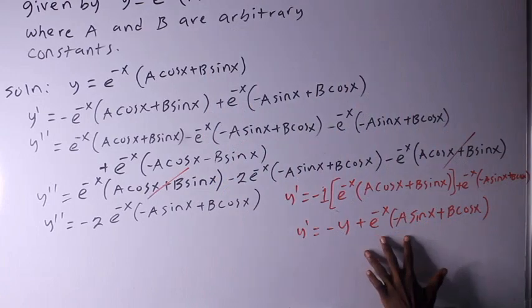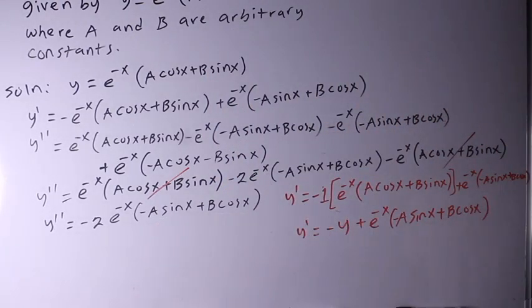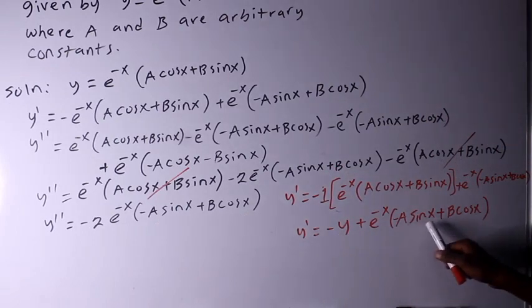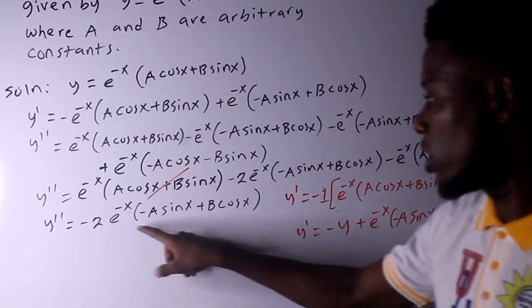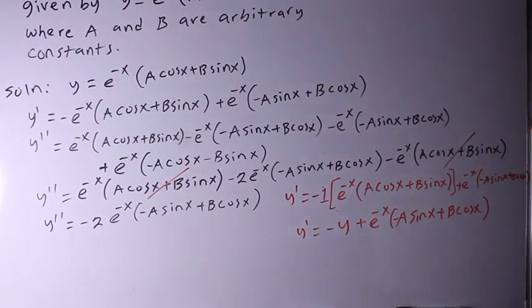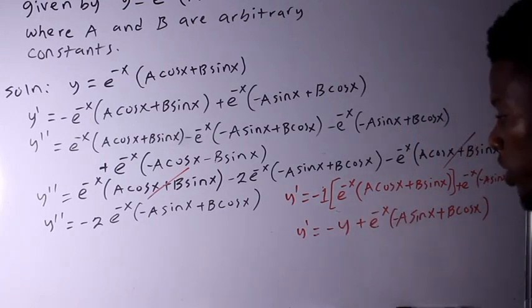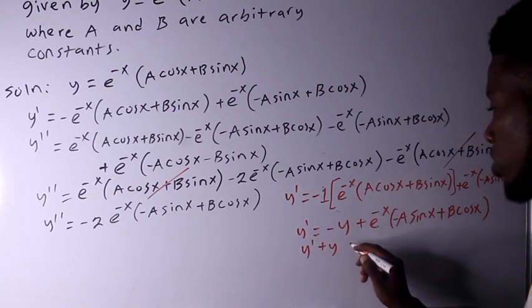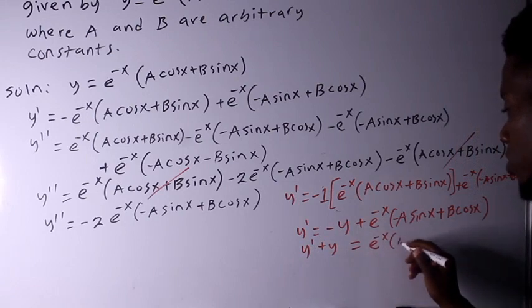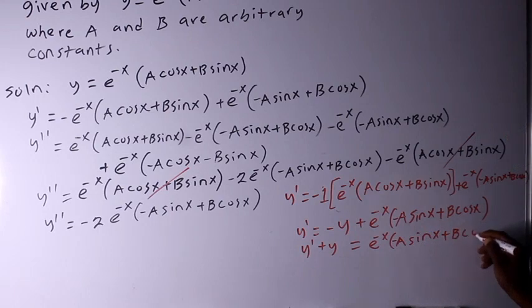Now, once we do that, we have this equation where we want to get rid of this negative a sine x plus b cos x, because remember this entire thing is the very same thing here, right? So we can make this the subject by sending this across. So we send this across, I'm going to use red, we have y prime plus y equals e to the minus x, parenthesis, minus a sine x plus b cos x.